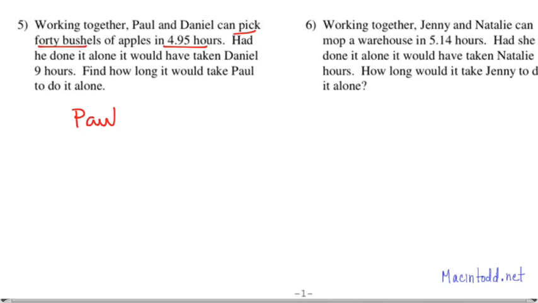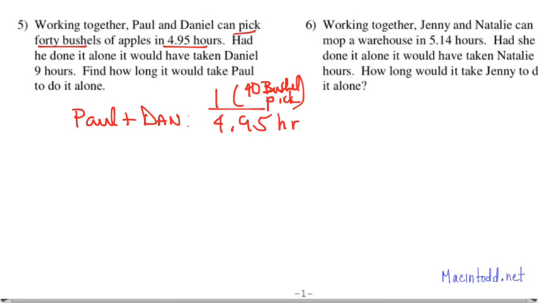So Paul plus Dan, their rate of work together is one group of 40 bushels, one bushel pick, in 4.95 hours. So in about 5 hours they pick 40 bushels. In 10 hours they'd pick 80 bushels, but they'd pick one group of that 40 bushels.